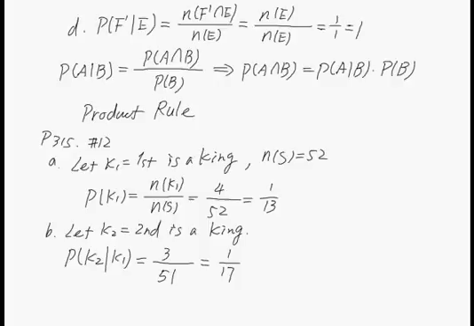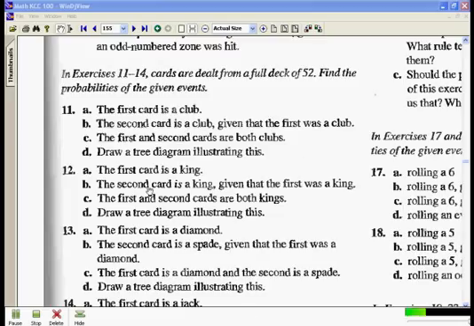Now let's look at part C. Part C, the first and the second cards are both kings. So this one is a little bit hard. Actually, for this part C, we need to use the product rule to find this probability.